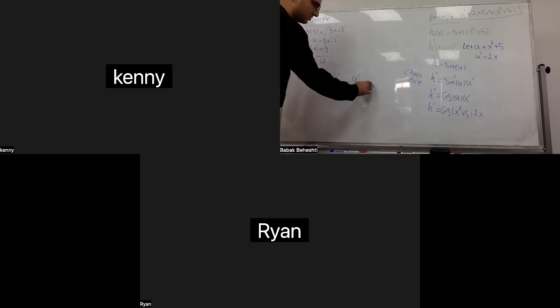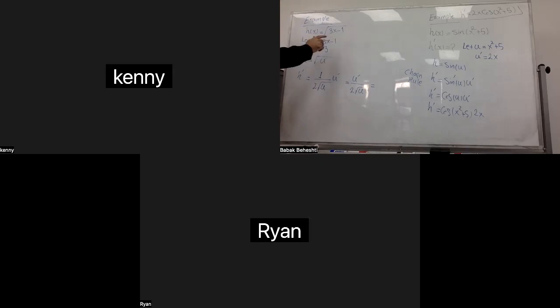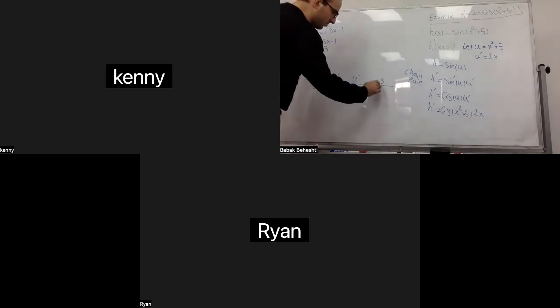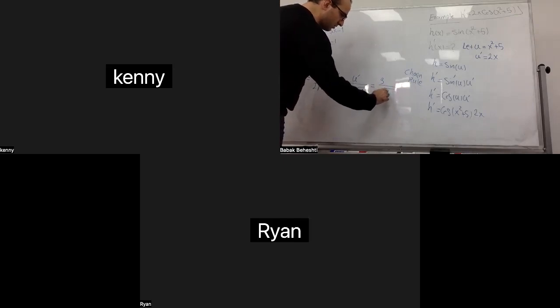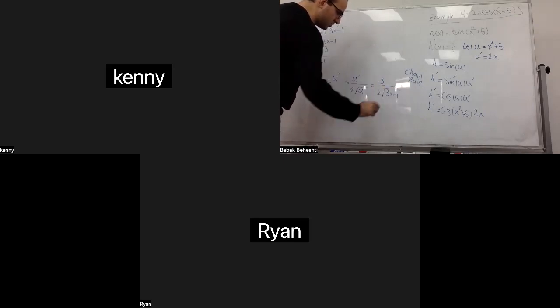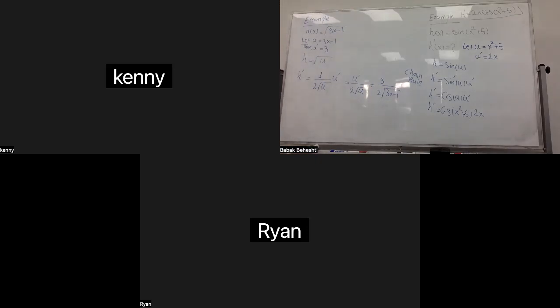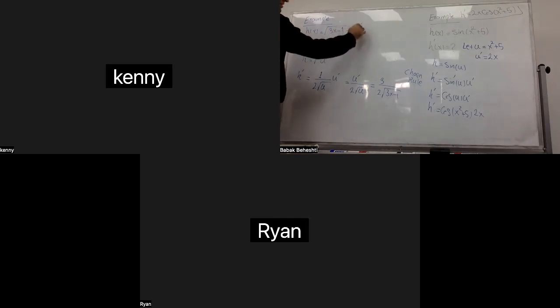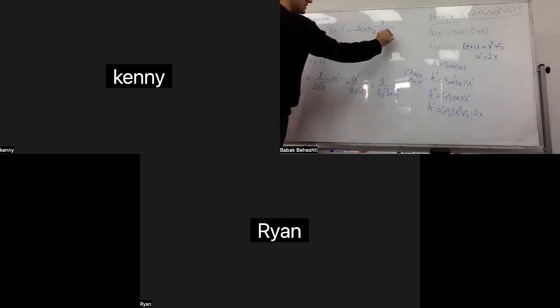And u prime is 3, so 3 over 2 times root of 3x minus 1. So we saw that h prime of x is 3 over 2 times root of 3x minus 1.